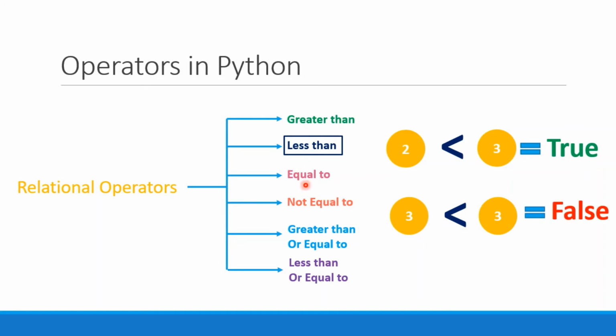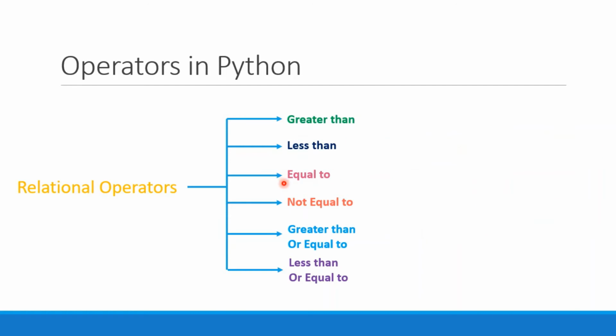Now let's see what the equal to operator does. We have a value 2 and another value 3. Equal to basically checks whether two values are equal or not. For equal to we use this symbol, which is double equal to. Why are we using this symbol?